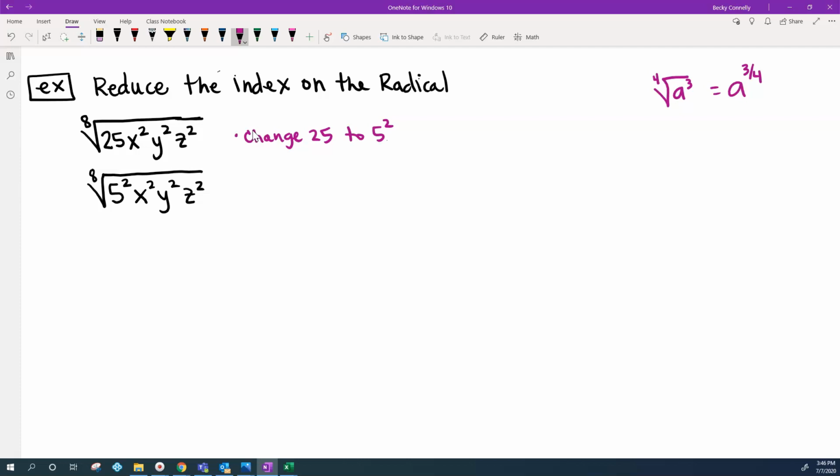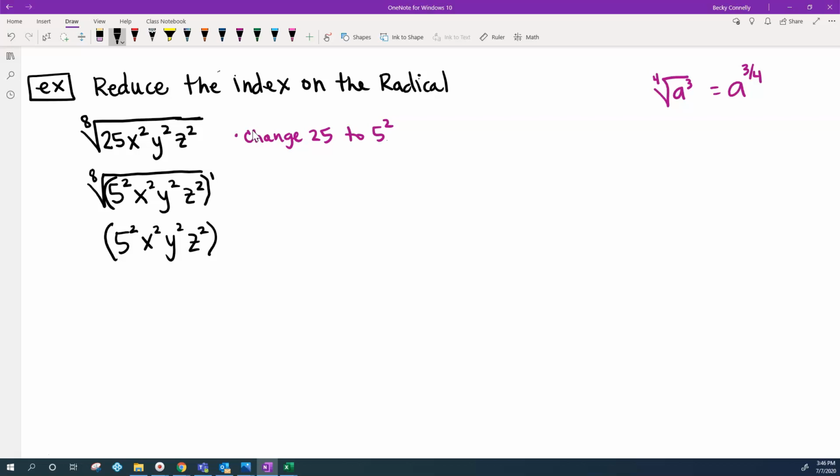And so on this one, I'm going to rewrite this so this whole thing is written to the 1/8 power. Because this whole thing inside here, and this is where it's a little bit confusing, these don't always have to be the same exponents in there.